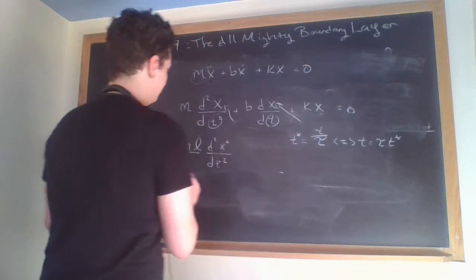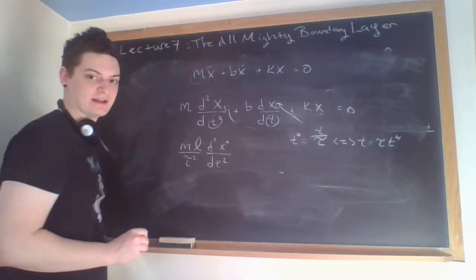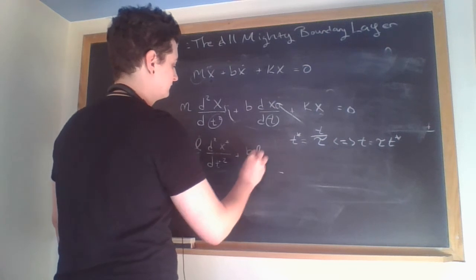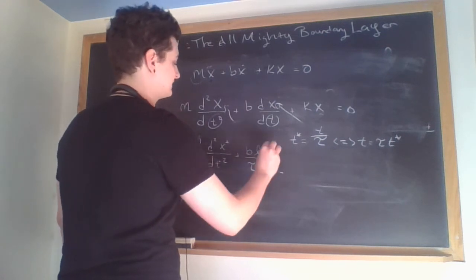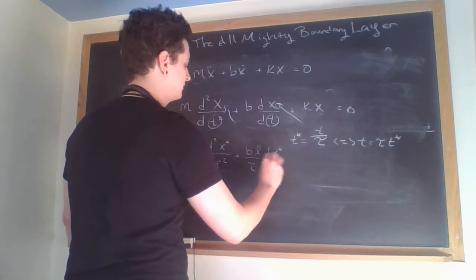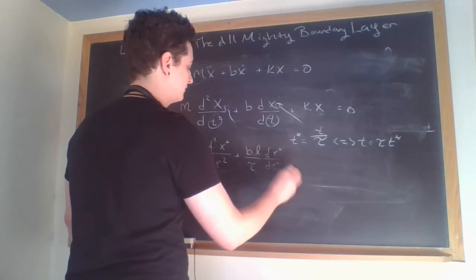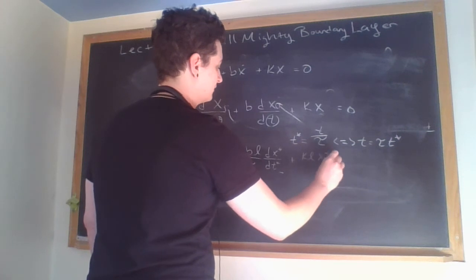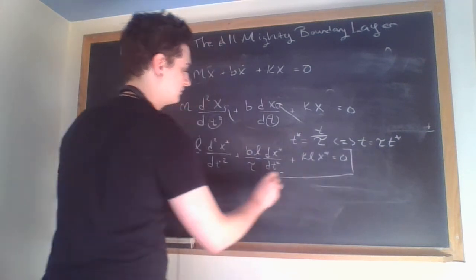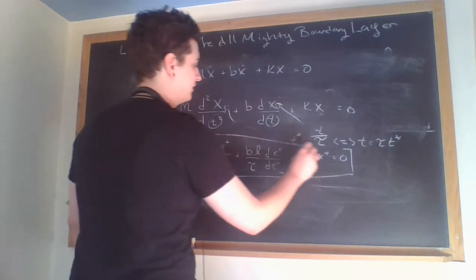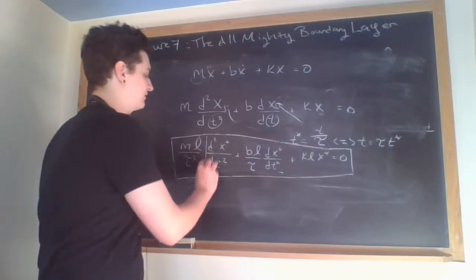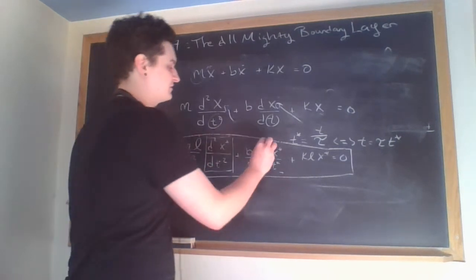Okay, this one now is a tau squared. There's a tau. So now we have the non-dimensional equation, where all of these are non-dimensional terms.